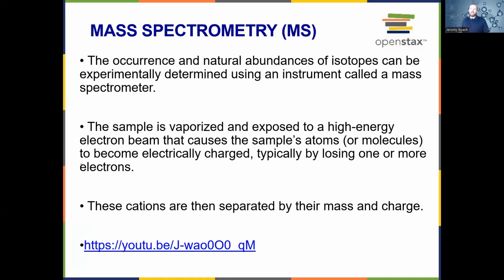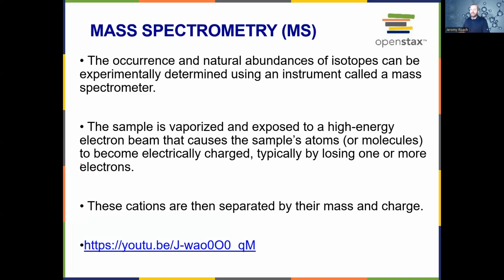Mass spectrometry has to do with using an instrument called a mass spectrometer. A sample gets vaporized in this electron beam, and it causes the atoms to become electrically charged. This happens because they're losing one or more electrons.